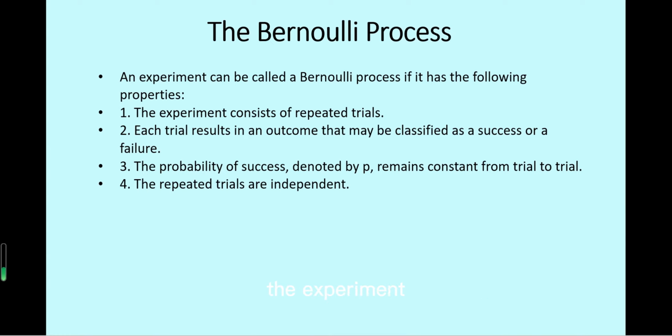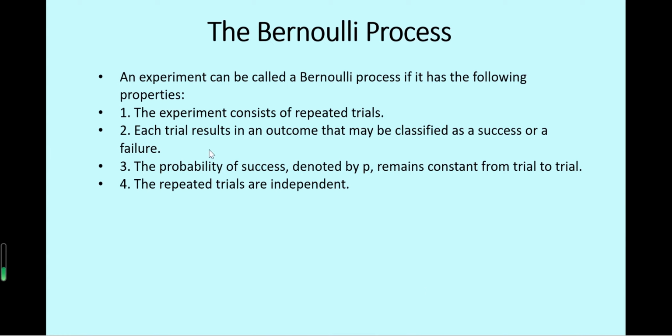An experiment can be called a Bernoulli process if it has the following properties. The experiment consists of repeated trials, and the repeated trials are independent, which means each trial has no effect on the result of other trials in this series of trials, right?